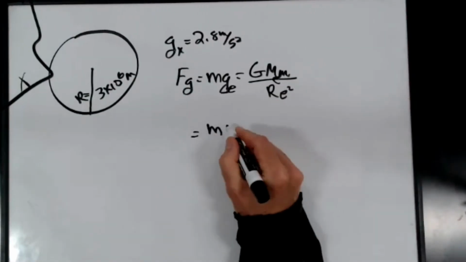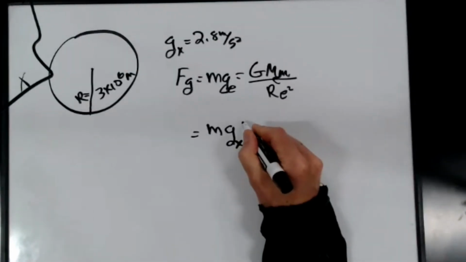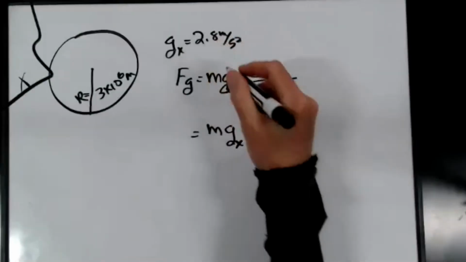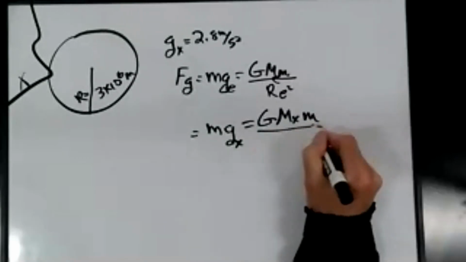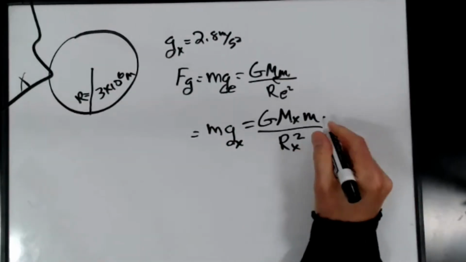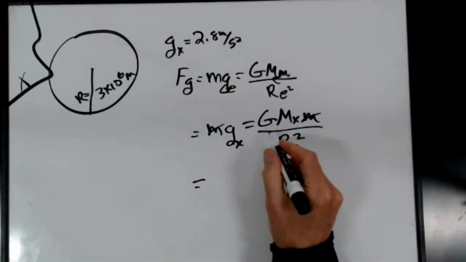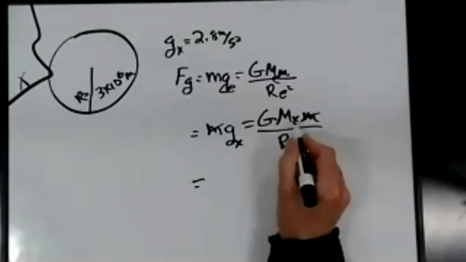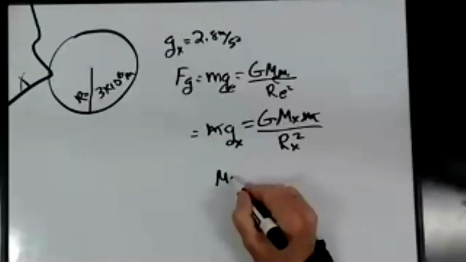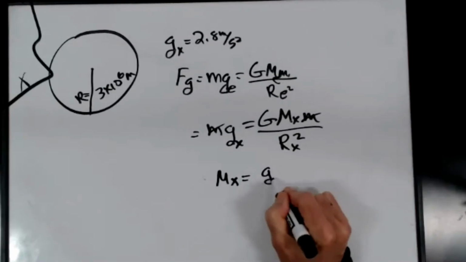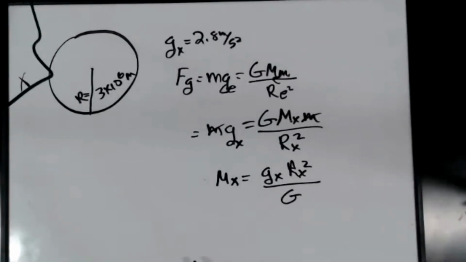The weight of some object, like a ball on planet X, is just m times g on x, and that's equal to G times the mass of x times the mass of the ball divided by the radius of x squared. And so I can cancel the m's. It doesn't matter what the object is. And the only thing I don't know here is the mass of x, right? And so if I solve for M_x, I get it's g_x times r_x squared over big G.